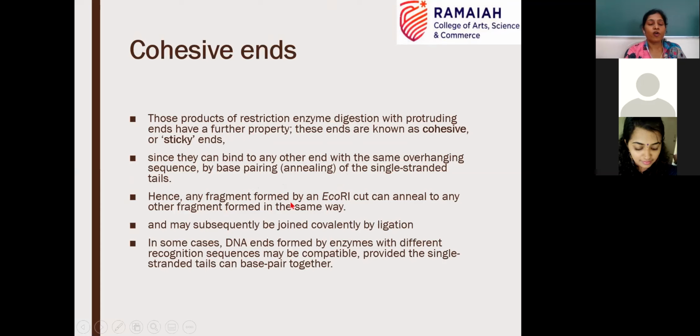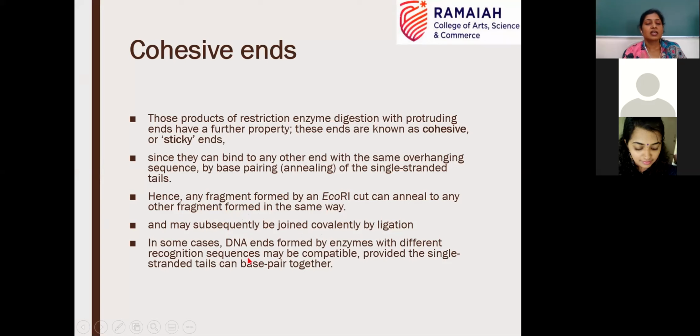So the fragment formed by EcoR1 can anneal to any other fragment formed in the same way. Another DNA digested with EcoR1 will have ends compatible to base pair with these, and they can be easily ligated after providing the reaction with DNA ligase.